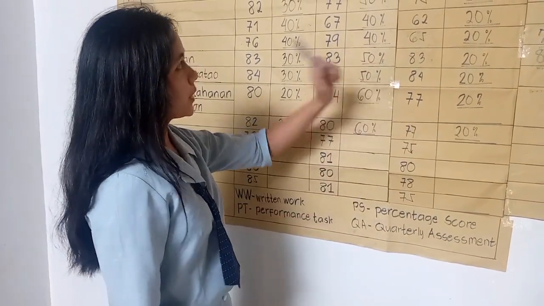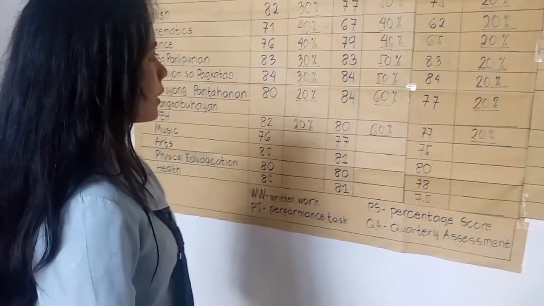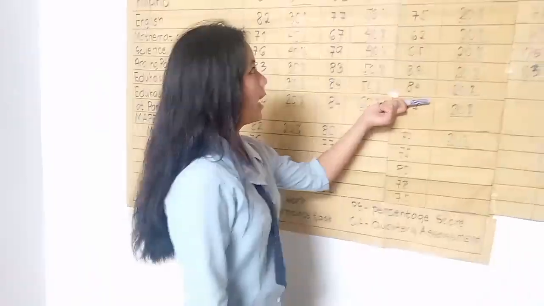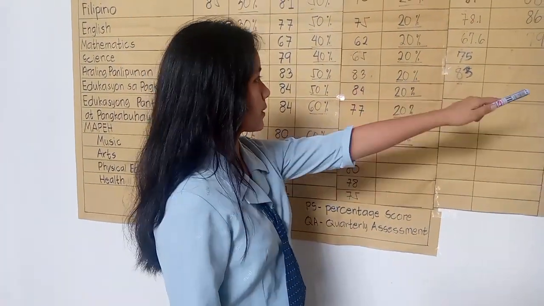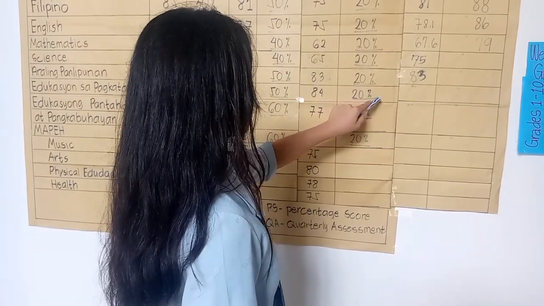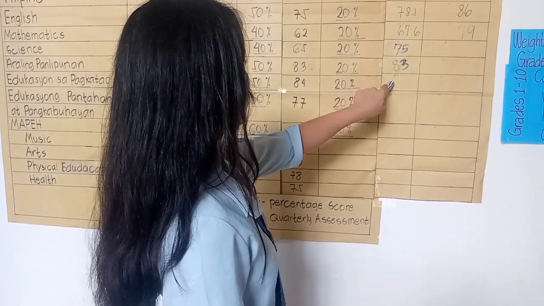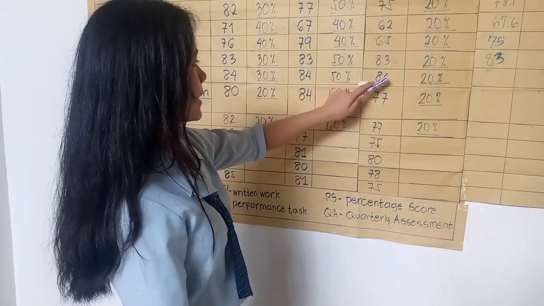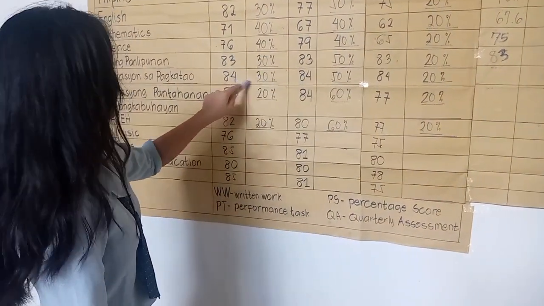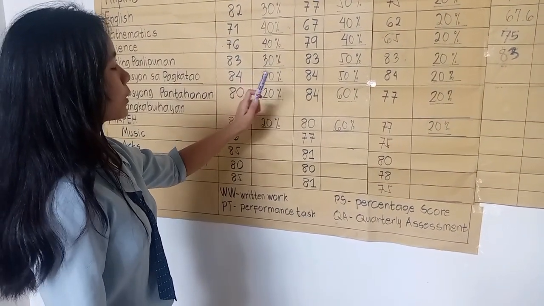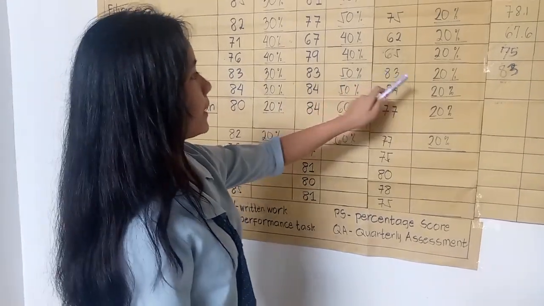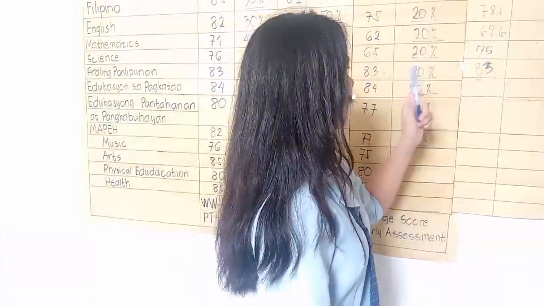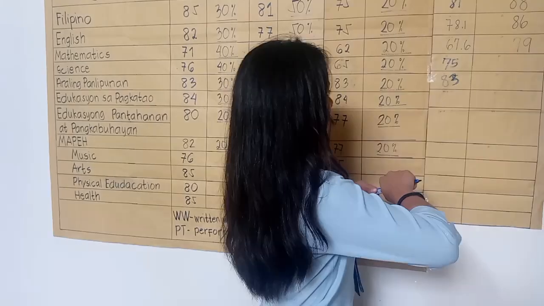And the quarterly assessment, the percentage is 84, and weight of component based from the table is 20%. So to get the initial grade, add the written work, performance task, and quarterly assessment. 25.2 plus 42 plus 16.8 is equal to 84.